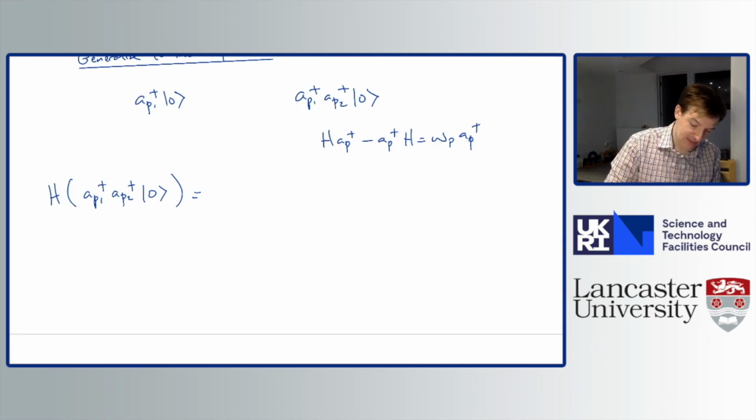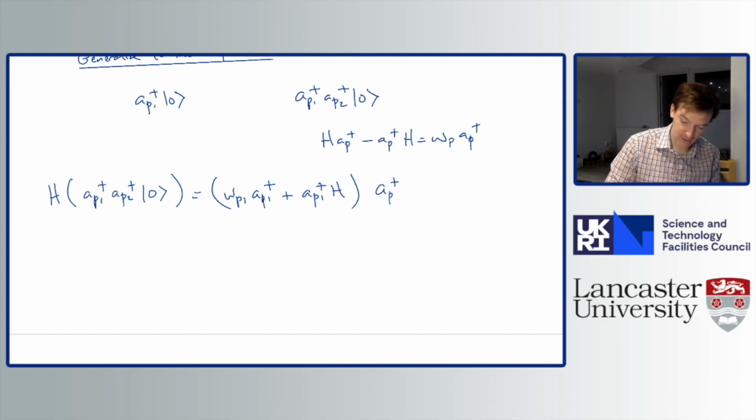So let's first use the relation between H and a_p1. This is going to be omega_p1 a_p1 dagger plus a_p1 dagger H. And then we have the a_p2 dagger on 0 that we shouldn't forget about.